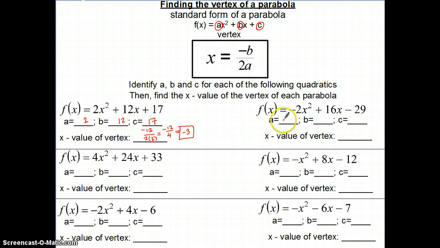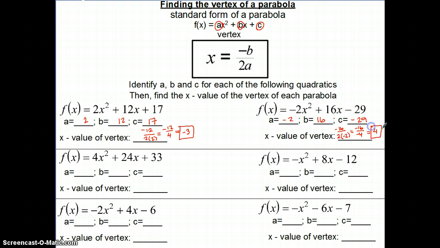To the right, my a is -2, b is 16, c is -29. The x value of your vertex is -b, so -16 over 2 times a. A is -2. This simplifies to -16 over -4, which reduces to +4.